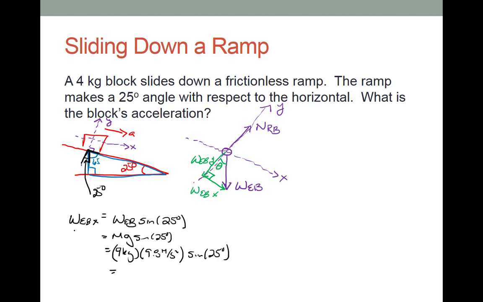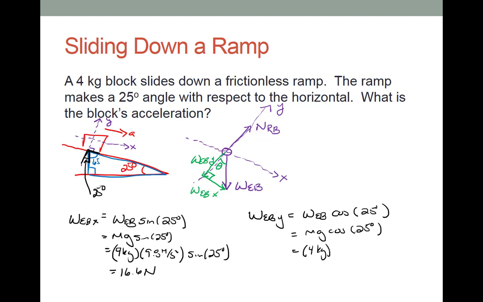That all works out to be 16.6 newtons. I can also find the y component using a cosine, so W_EB cosine of 25 degrees, which will be mg cosine of 25 degrees, which is 4 kilograms times 9.8 meters per second squared times the cosine of 25 degrees, and that equals 35.6 newtons.